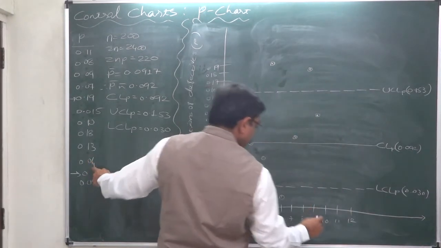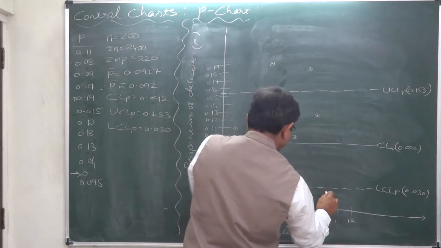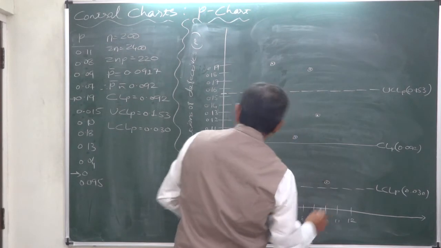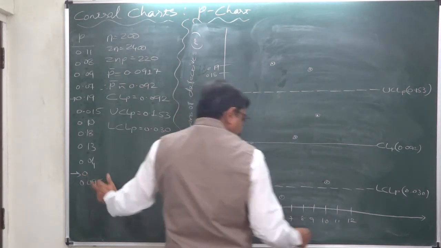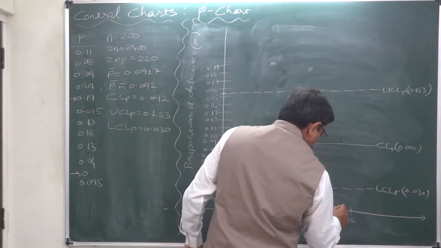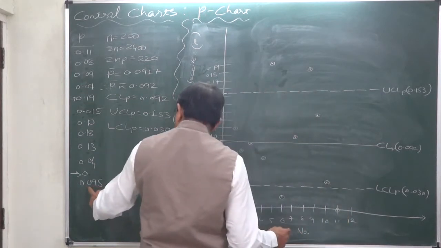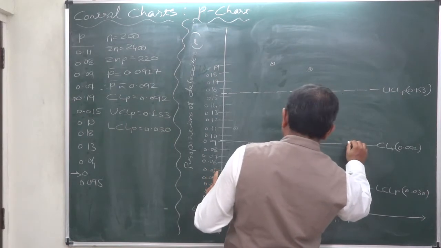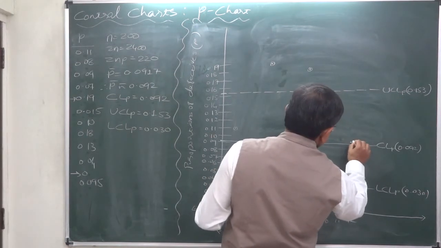Sample number 10, 0.04, above the LCL. Point number 11, it is 0. And point number 12, it is 0.095, here between 9 and 10.